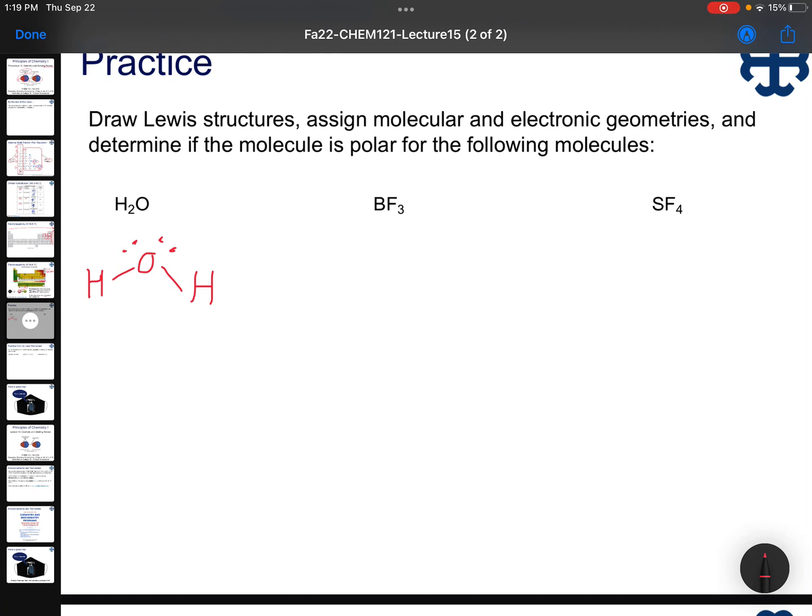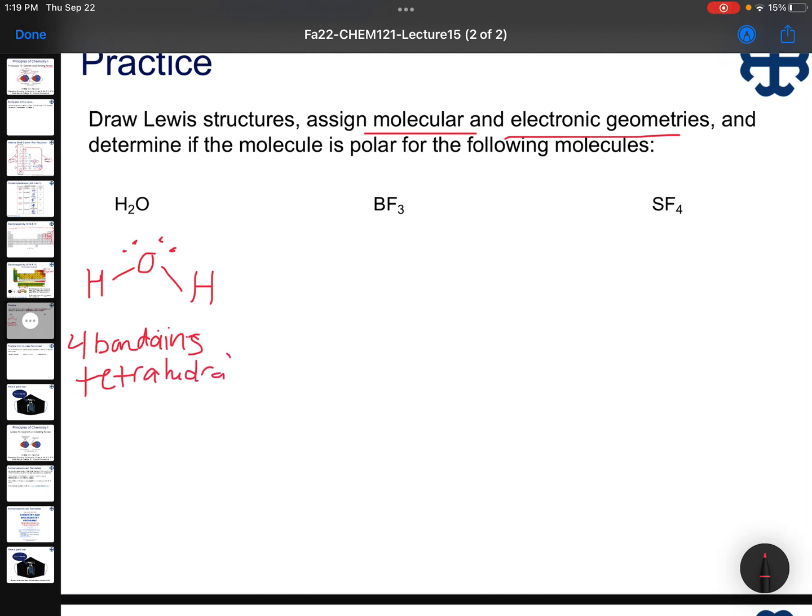And so if we were to look on our chart and assign a molecular and electronic geometry, electronic geometries are just essentially whatever the number of bonding groups is. And so because we have 2 bonds, 2 non-bonding groups, we would say we have a total of 4 bonding domains. And that is going to be a tetrahedral electronic geometry.